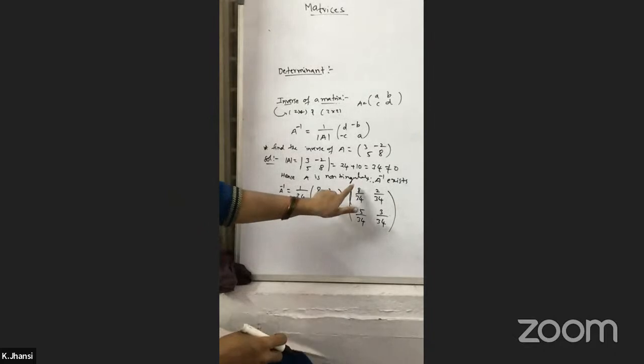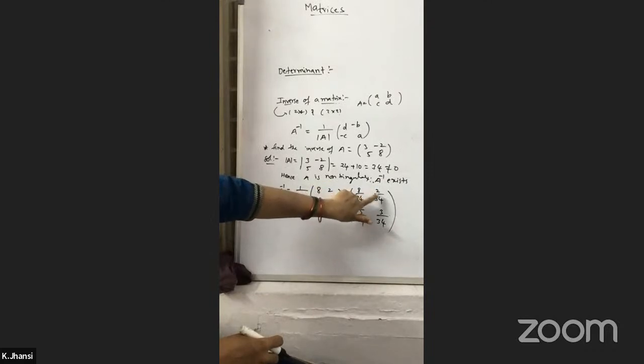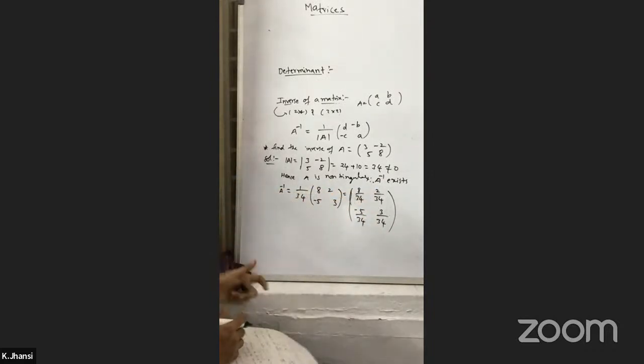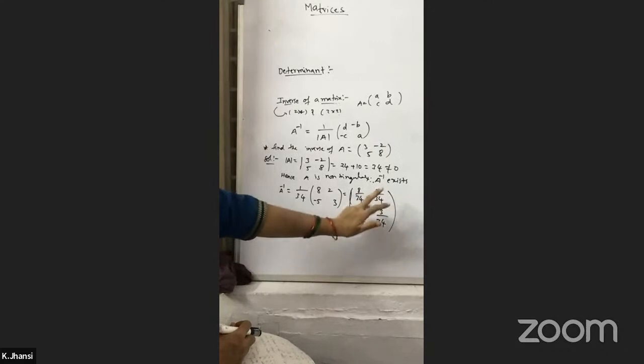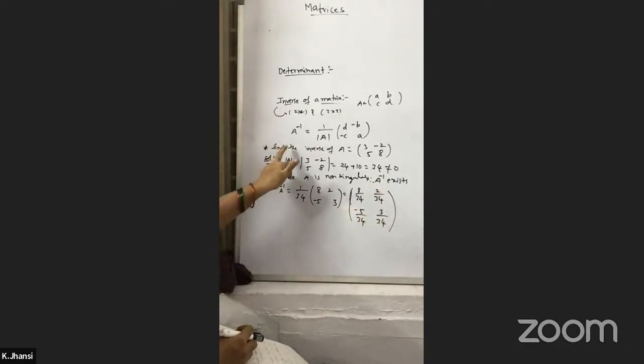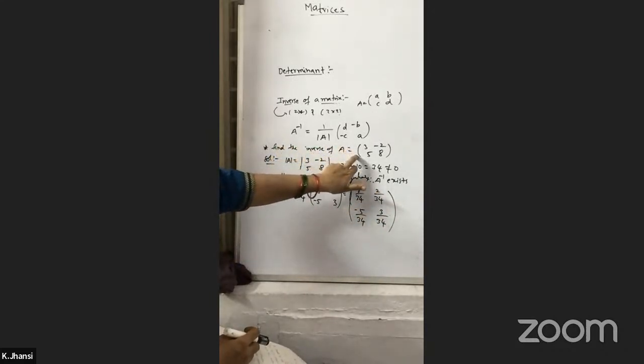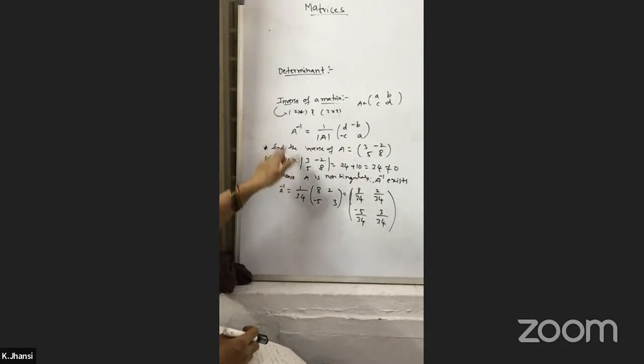If you want, you can cancel out this. 2 4s are 8, 2 17s are 34. You will get this also as 4 by 17, or else you can keep it like this one. So if you want, you can simplify if any cancellation is possible, or else you keep it like this only. Okay. So if a 2 by 2 matrix is given, you have to apply this formula and find the inverse of the matrix.